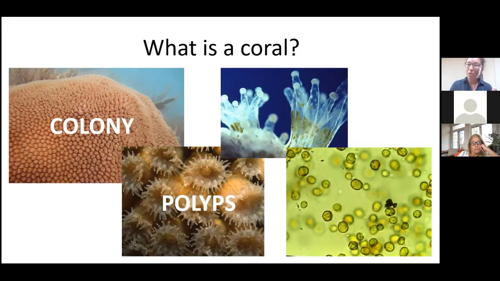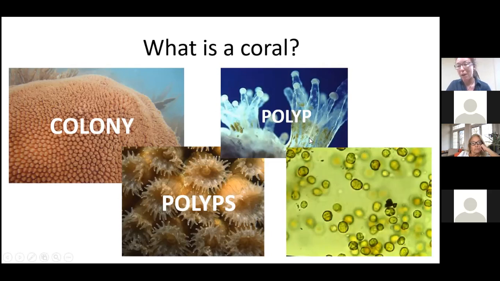But that's not the way they achieve most of their nutrients and most of their energy. How they do that is inside of each individual polyp. You can see in this top right photo there are some little greenish brown specks. Sometimes you can see these with the naked eye, but usually you'll need a microscope, which brings us to the lower right-hand photo, which is its zooxanthellae. The zooxanthellae is a photosynthetic algae.